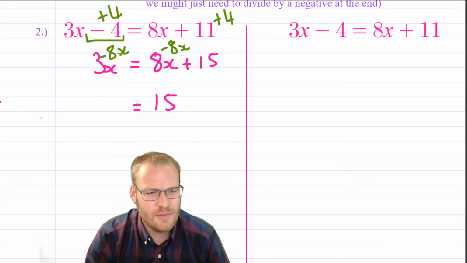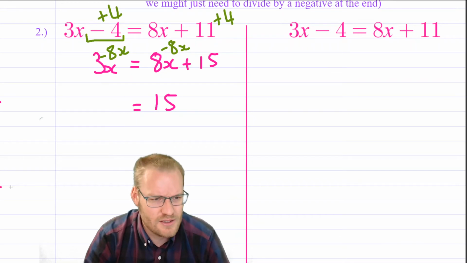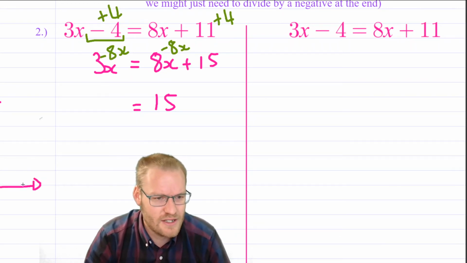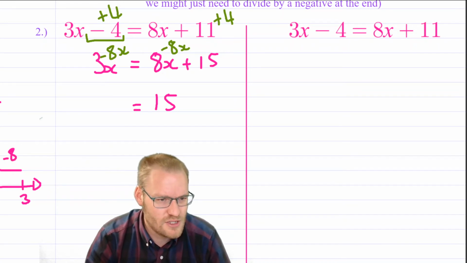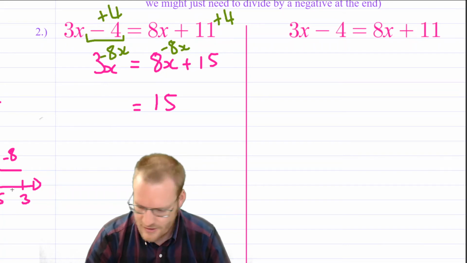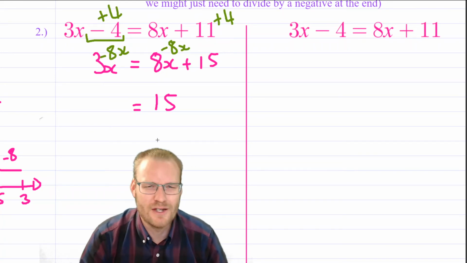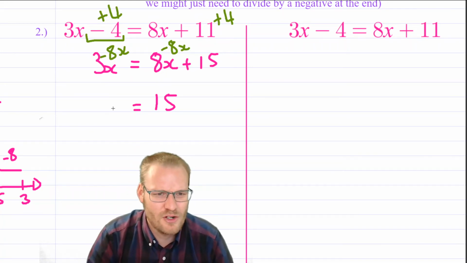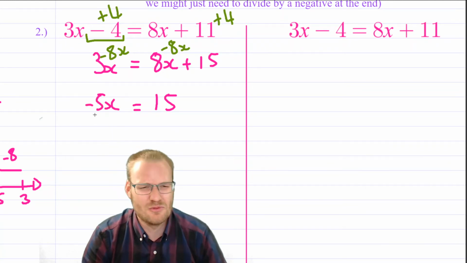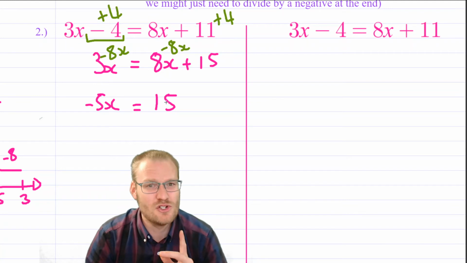And 3x minus 8x, well, let's have a little number line here, just in case. We've got 3, we're subtracting 8, 3 minus 8, you jump your way there to get minus 5, and of course, there are those nifty rulers hiding around. So we've got minus 5x. Now things look odd because we've got minus 5x. What do we do?